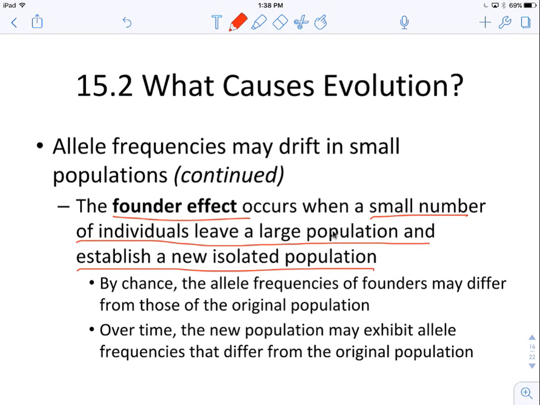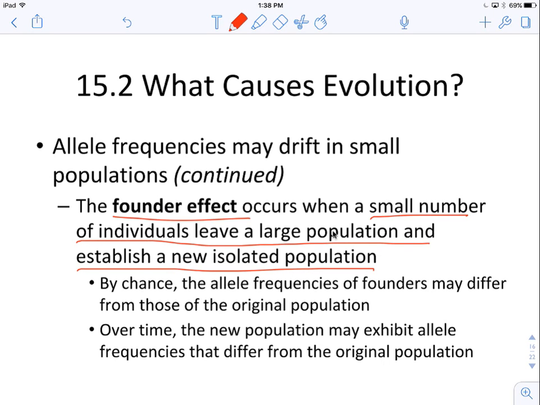And if you think about, like, our founding fathers, right? They packed up the wagons on the East Coast and trucked out west and settled down and formed new colonies. And this is kind of where they got the name, the founder effect. So a small number of individuals left the original population and founded a new population elsewhere.